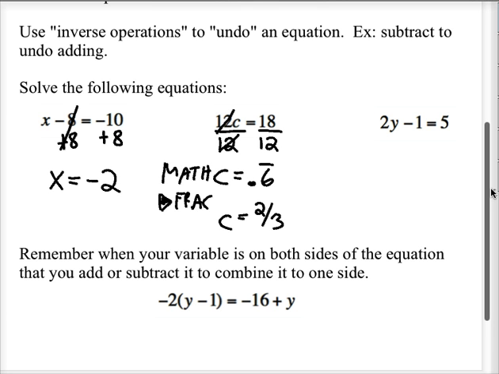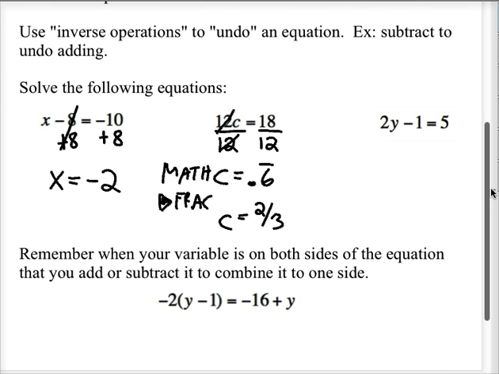Now the next one has two things happening. I see multiplying and I see subtraction. Here, the interesting thing is we drill you with PEMDAS, but remember you're undoing this equation. So in this instance, you're actually undoing PEMDAS. That means you're going to go in reverse order.